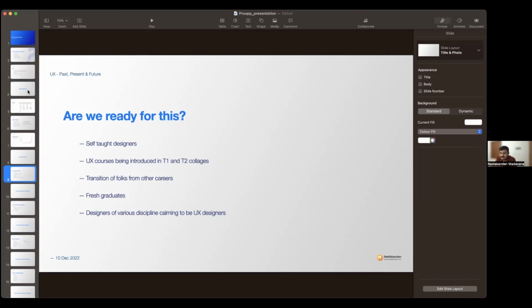And fresh graduates, of course, like I told, people from all these colleges, and people who need a transition from their current career. I have trained people who were in the shipping industry, who wanted to change their career into the UX industry. Then there are a lot of people who wanted to change their stream.